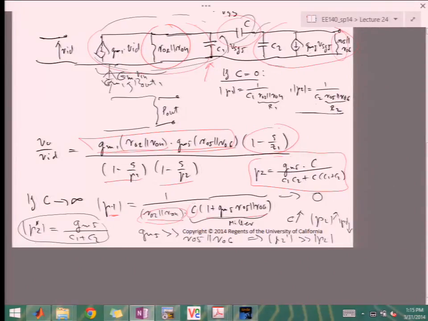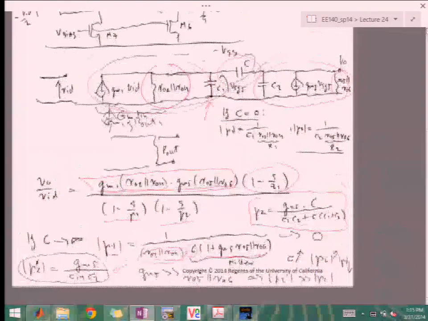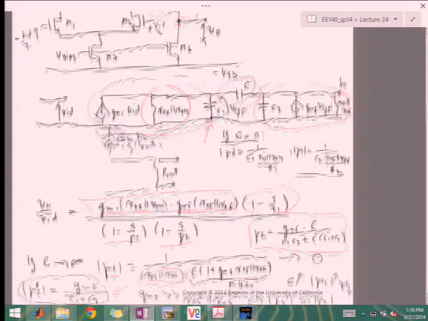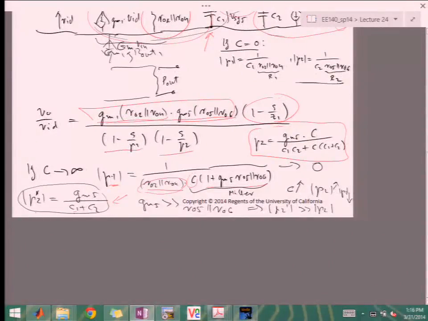If you do the simplification that C is very large compared to these other parasitics, you get something that is just GM5 over the C1 plus C2 parasitics at the input and the output of the second stage, so here and here. And this is the P2 once C is very large.